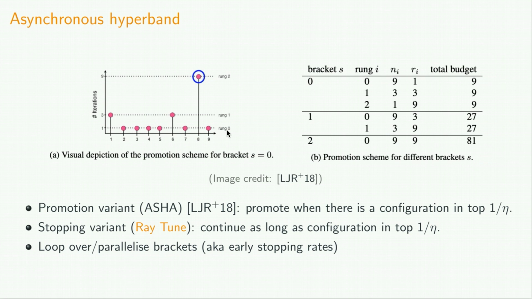In this case, you're slightly suboptimal. Well, in both cases suboptimal, but in the second case you're even further suboptimal. But in practice, there's no big difference between those two variants. And the stopping variant reaches runs of higher resources earlier on than the promotion-based variants.